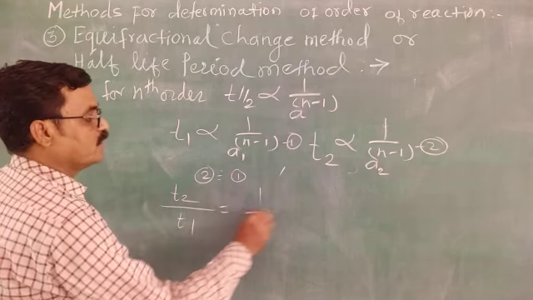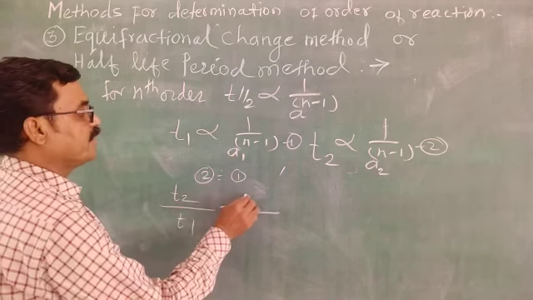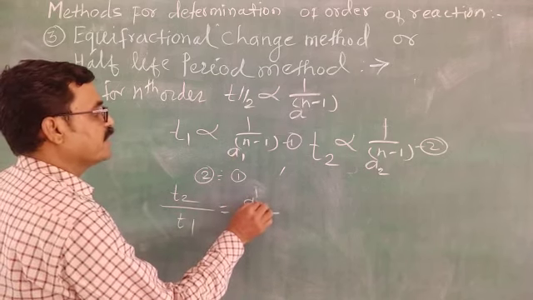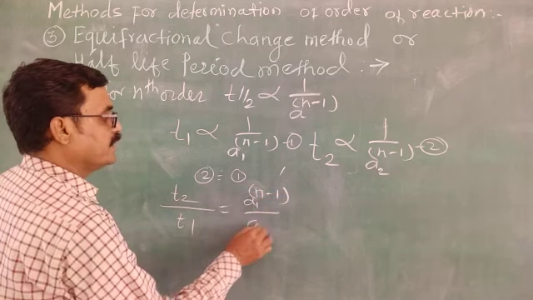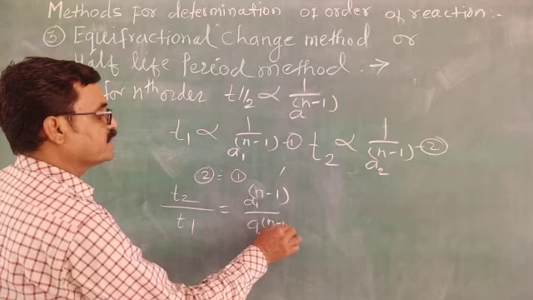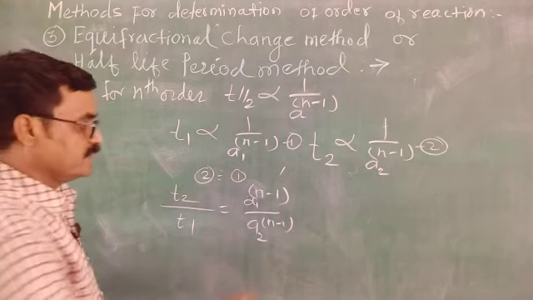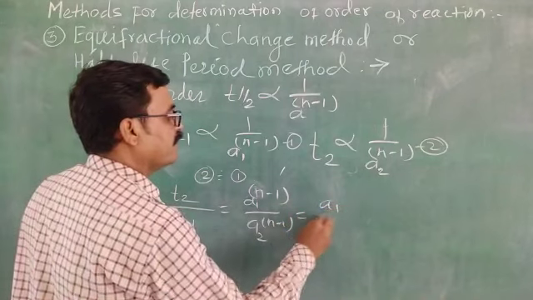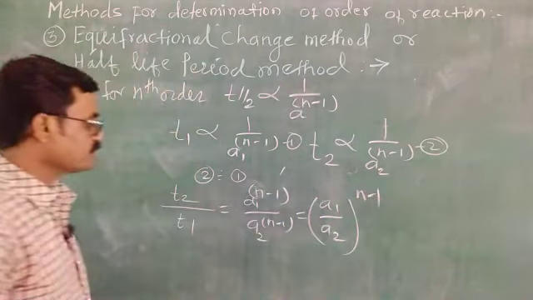T1 is in the denominator, it will come up, that's why 1 upon (A1 upon A2) raised to power n minus 1. Now this may be written as (A1 upon A2) raised to power n minus 1.